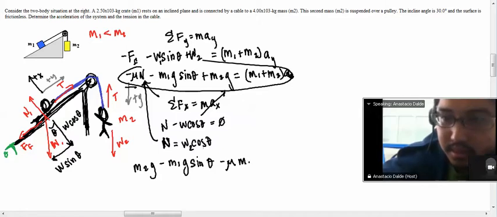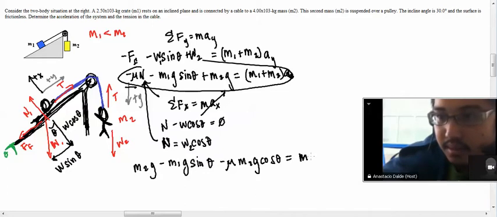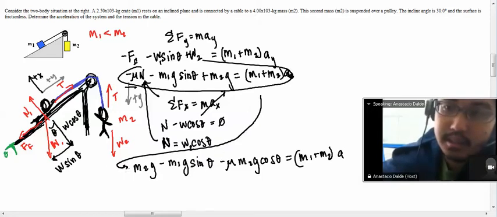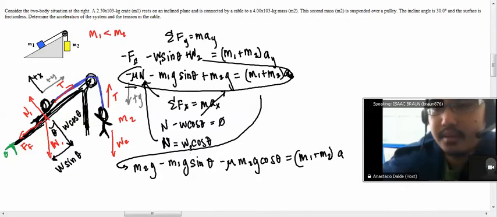Oh, by the way, this is w2. m2g cosine theta equals m1 plus m2 all multiplied by a. Did you get what I did? Yes. What did I do? Yeah. I rearranged terms, replaced n, and I even replaced the w2 with an m2g.